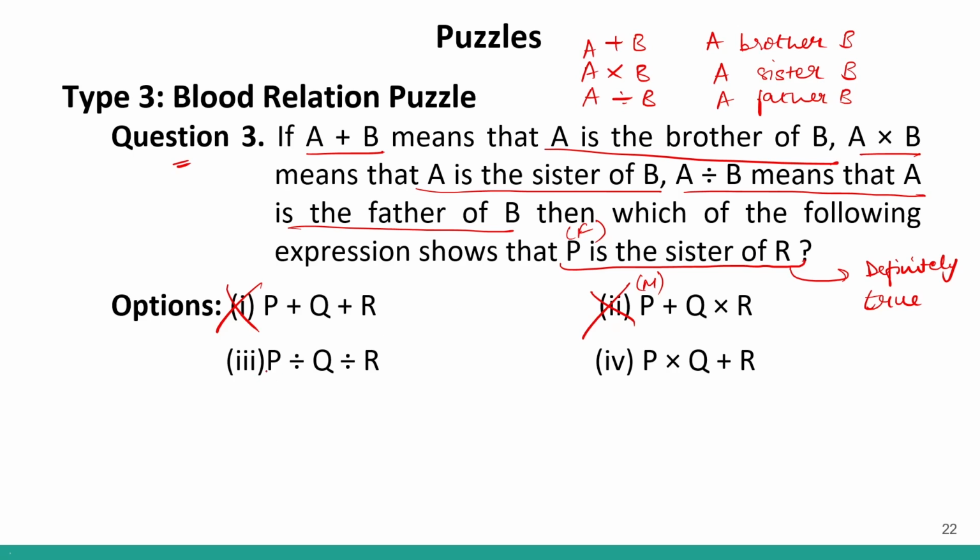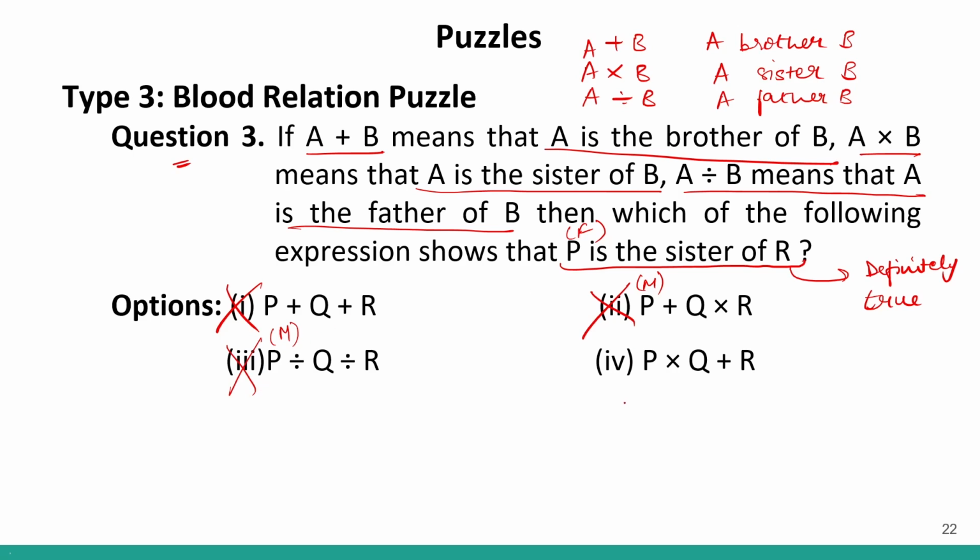Coming to option number 3, P divided Q means P is the father of Q. That means again P is male. Therefore, we can eliminate option number 3 also.